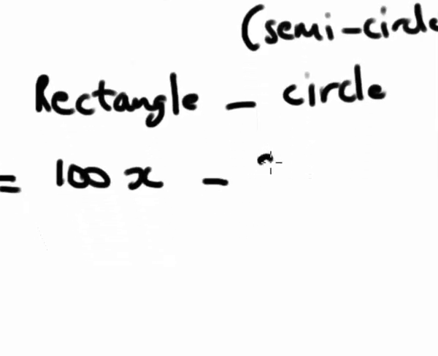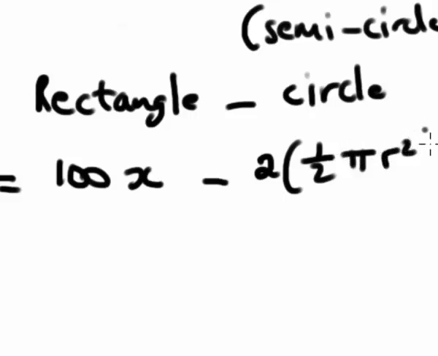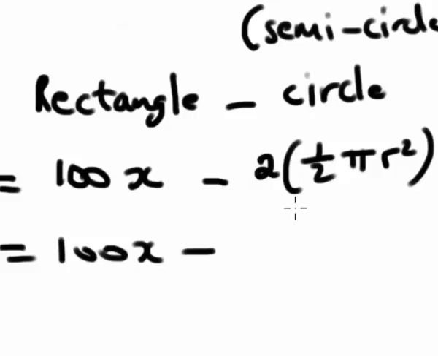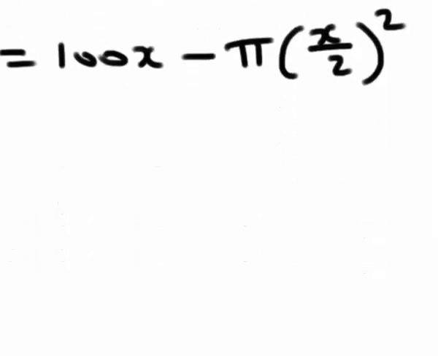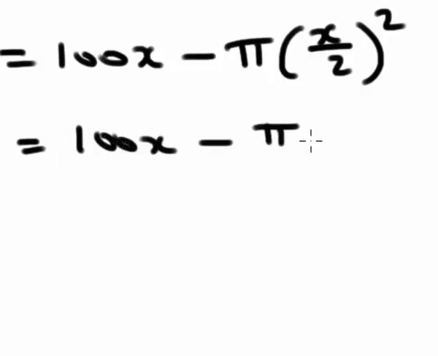So it's actually 2 of half pi r squared, which if you think about that is actually simply the half of 2 is just 1, is pi r squared, which is pi times (x over 2) squared. There we go. Okay, so this comes to 100x minus pi x squared over 4.